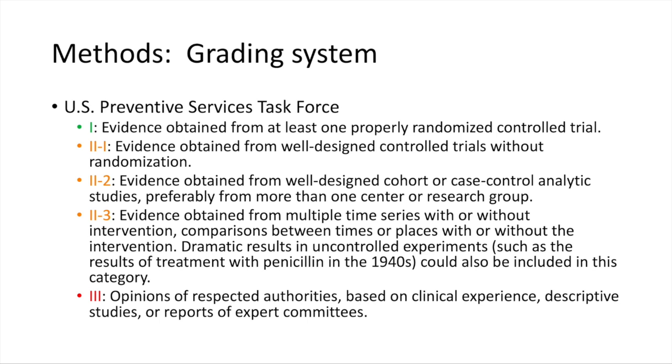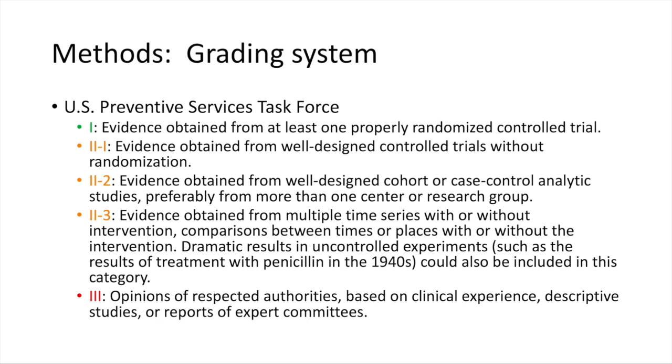Grade 2-2, evidence obtained from well-designed cohort or case control analytic studies, preferably from more than one center or research group. Grade 2-3, evidence obtained from multiple time series with or without intervention, comparisons between times or places with or without the intervention. Dramatic results in uncontrolled experiments, such as the results of treatment with penicillin in the 1940s, could be included in this category.